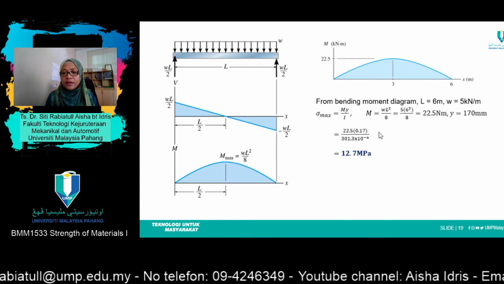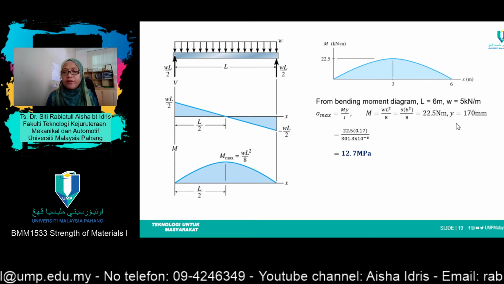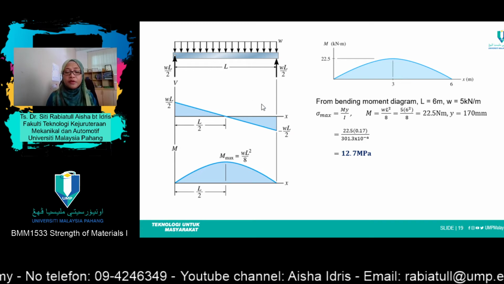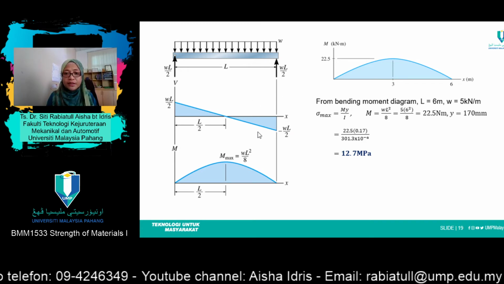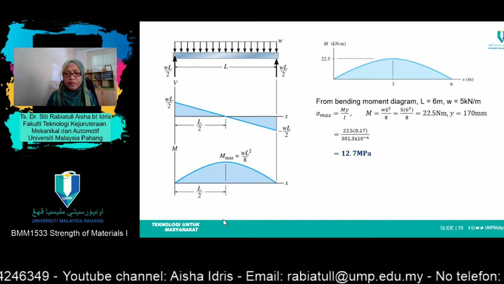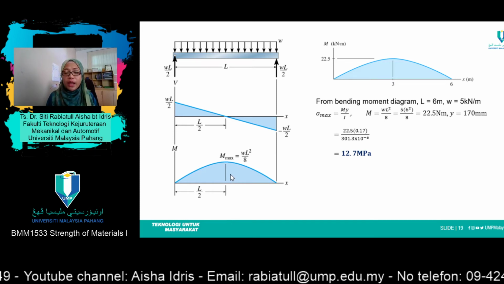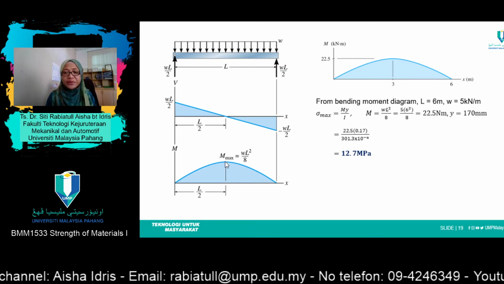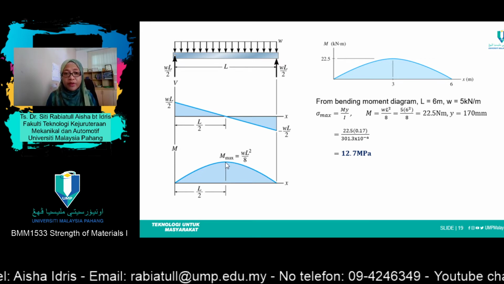Alright, the value of y is given. Moment, you calculate on your own by using the cross-section and the shear force and bending moment diagram. From there, you can locate the maximum value of stress, which represents the maximum value of moment.